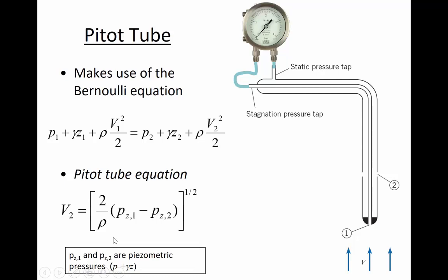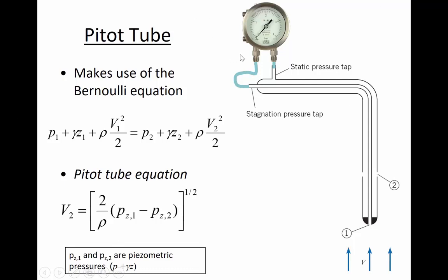All right. So if 1 and 2 are the same elevation, then P sub Z1 minus P sub Z2 really is just delta P. And so that's exactly what this is measuring with this instrument connected to the end of the Pitot tube.